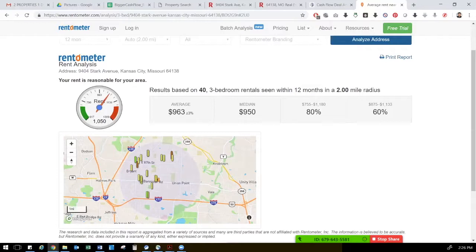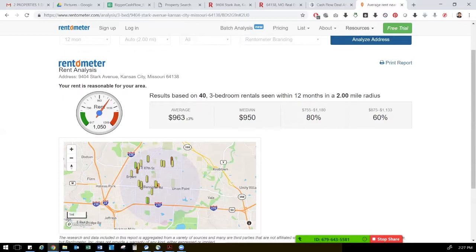If a property has a new roof, new HVAC, new cosmetics like new flooring and paint and trims, a renter is probably going to look at that house and might be willing to put in $50 more in rent a month. So if this is the median, you have to consider that the median house might not be in the same condition as your turnkey renovated house. So that's what Rentometer says.